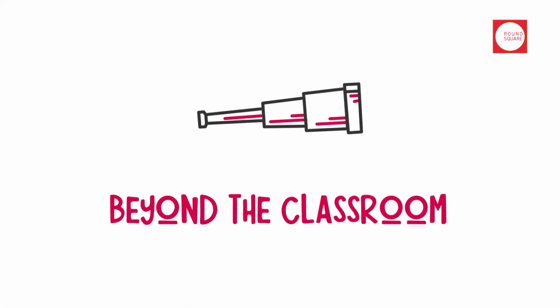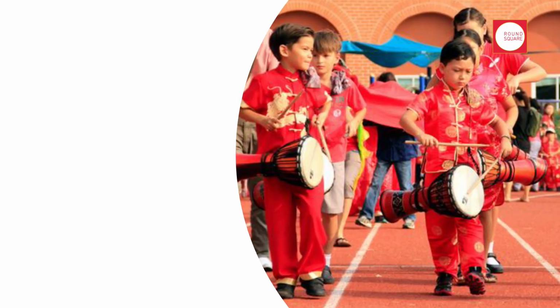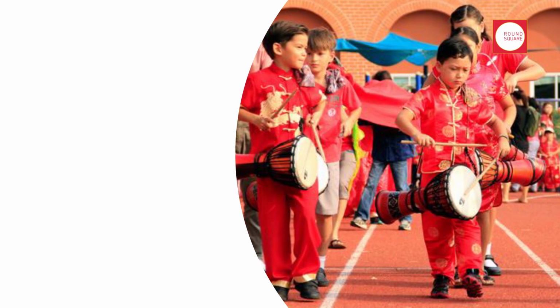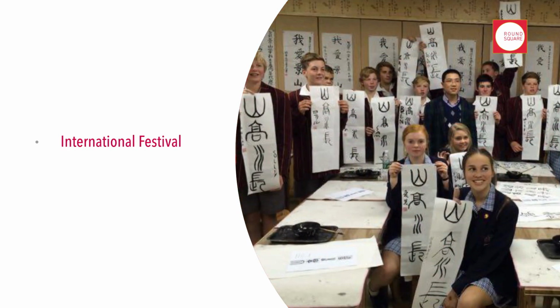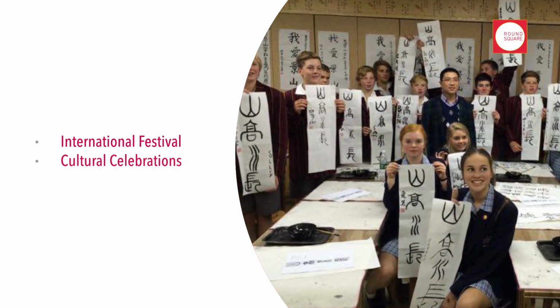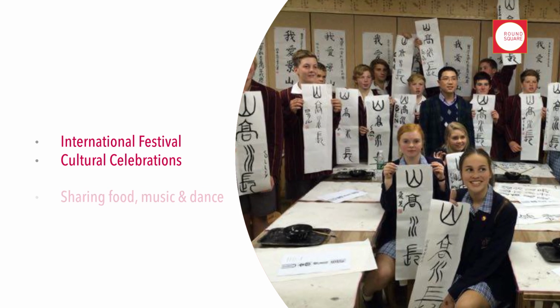The next area to explore sits just beyond your classroom. What other opportunities do you have to introduce or become involved with co-curricular activities that broaden students' international horizons? For example, many Round Square schools host their own International Festival Day or week or celebrate different cultures and nationalities on specific days.